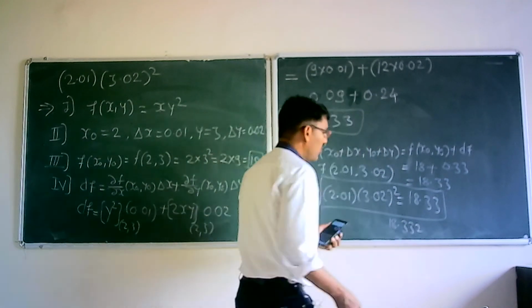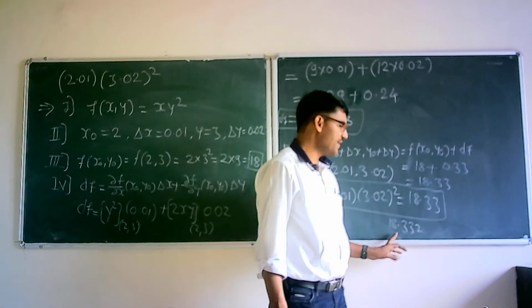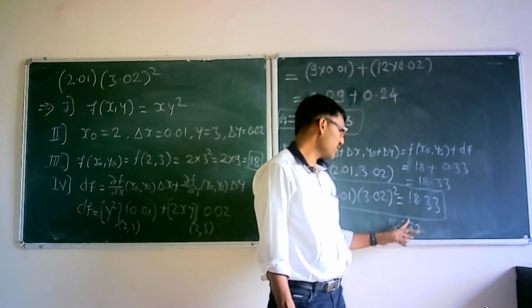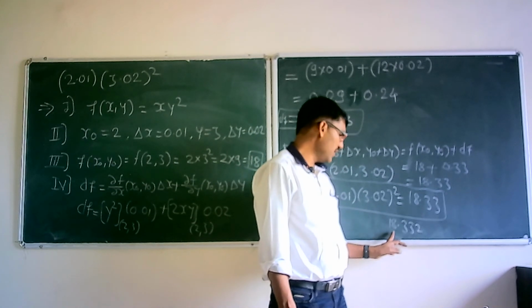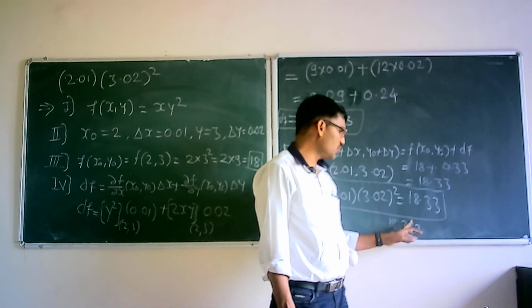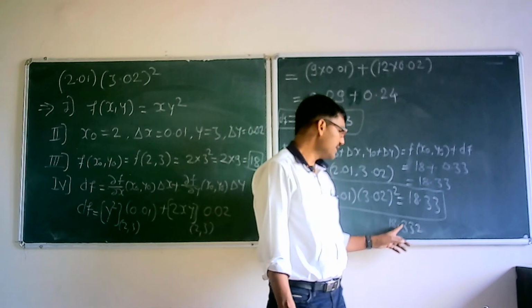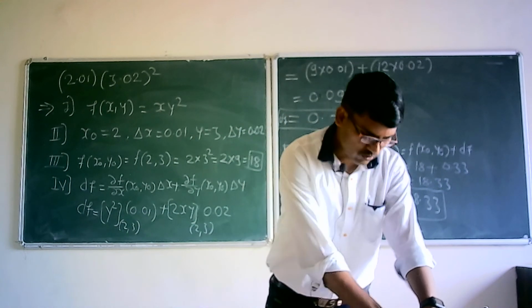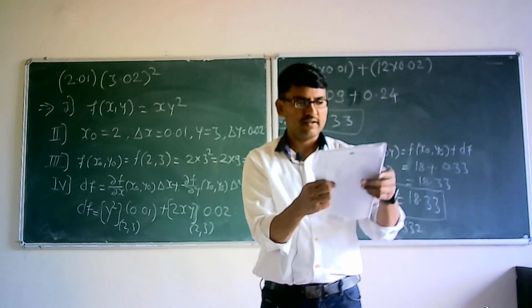So if you observe, this calculated value is very close to the exact value. This value we have determined by using differential, and the exact value is 18.332. So the approximate answer is correct up to 2 decimal places. Hope you understand how to use a differential to find an approximate value of the given number.